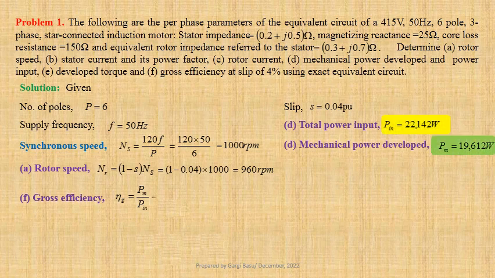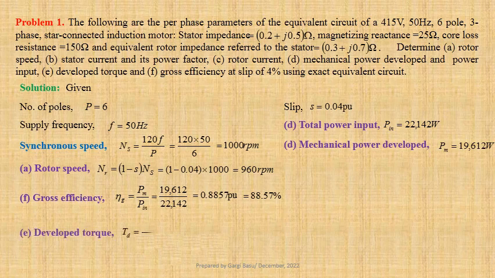Therefore, eta G equals 19,612 divided by 22,142. That gives us 0.8857 per unit or 88.57%.